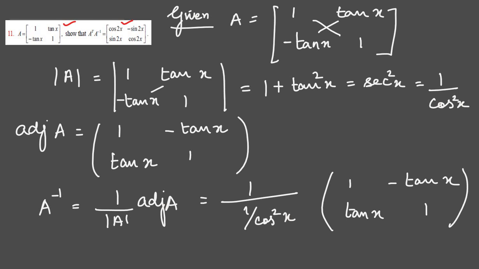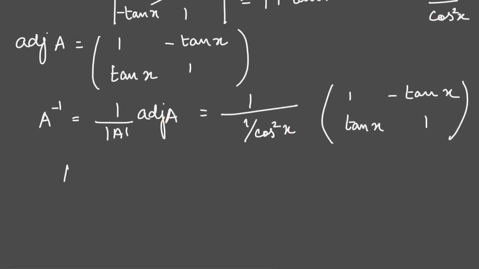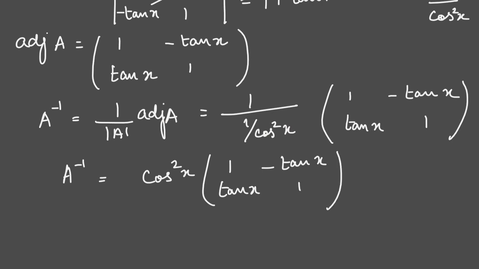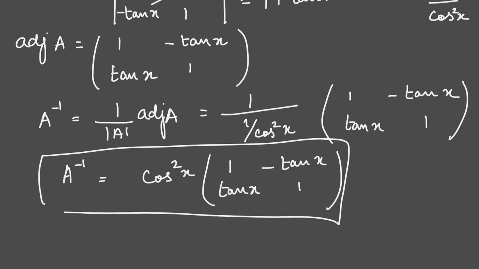So we rewrite this: A inverse is equal to cos square x into 1 minus tan x, tan x 1. We have found A inverse.